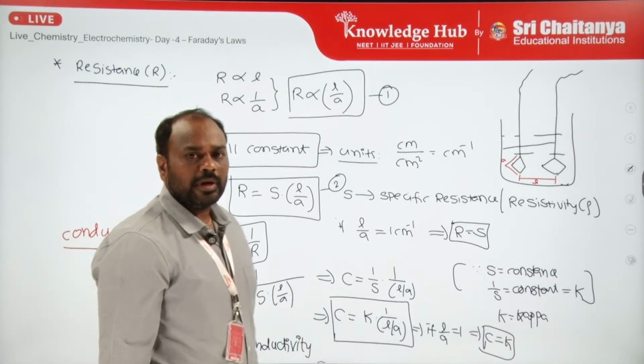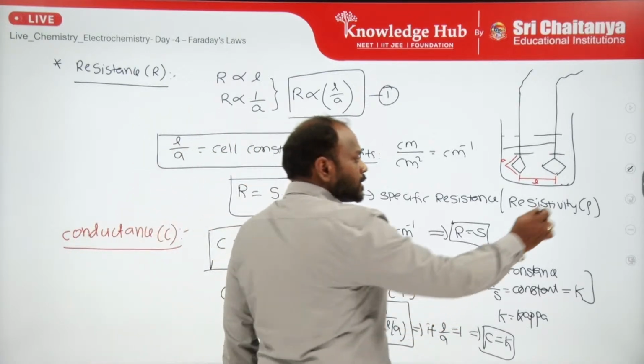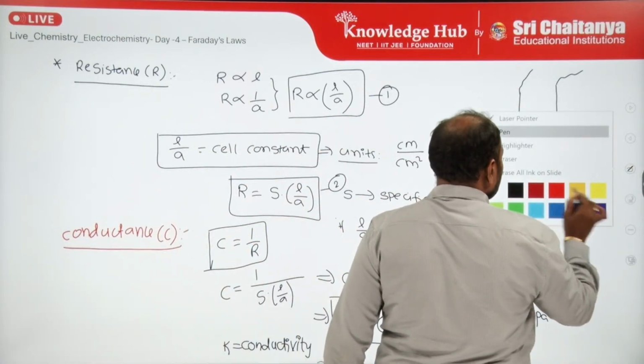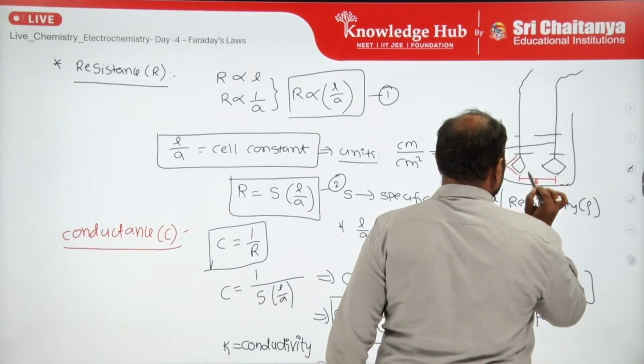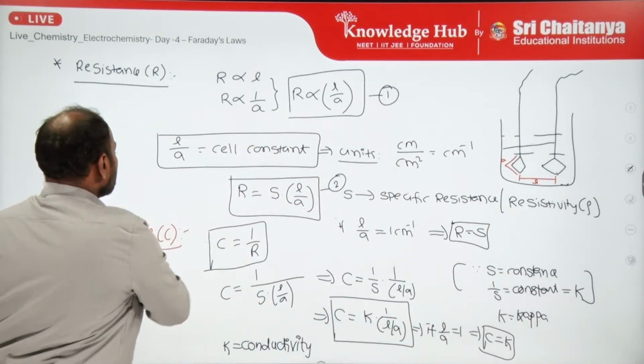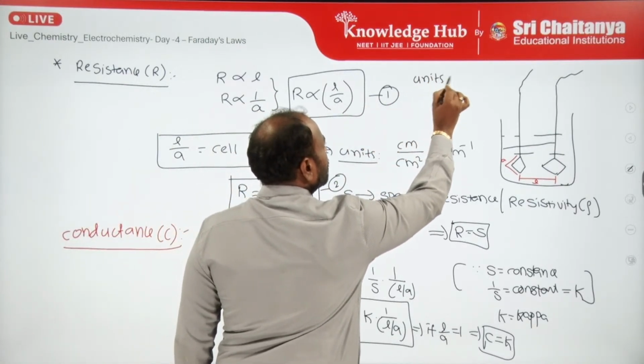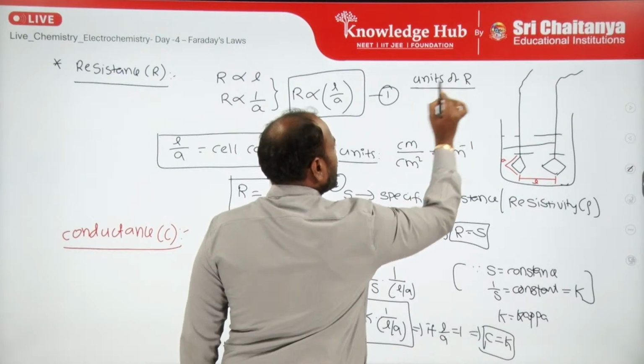K is nothing but conductivity. Okay. So, see the units for the resistance and conductance. Suppose, units for R is ohms.